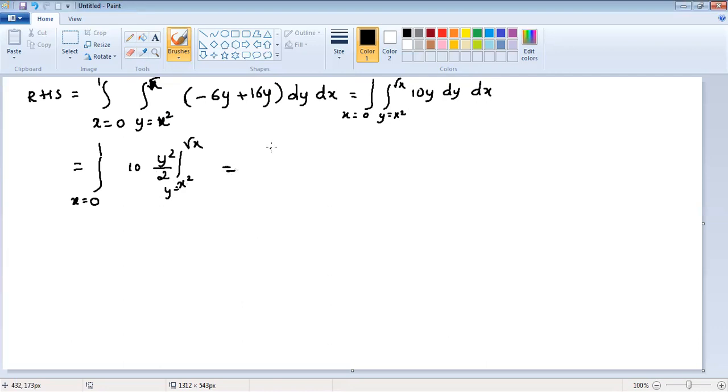This implies x equal to 0 to 1, 5 y square, or directly you can put the limits x square to root x. Here it is upper limit. I'll take 5 outside. Upper limit where y square root x square is x minus, here it is x raised to 4 dx.